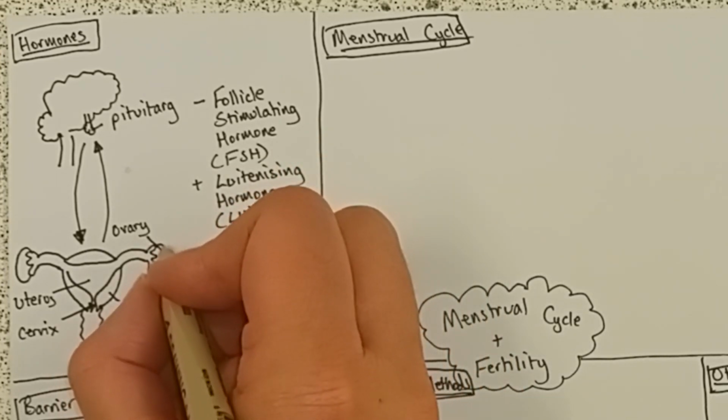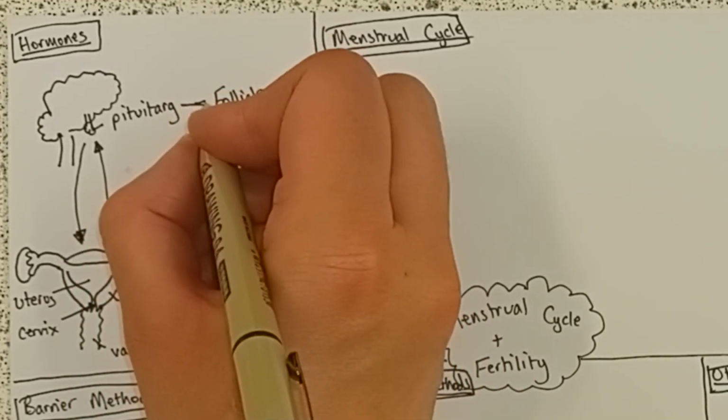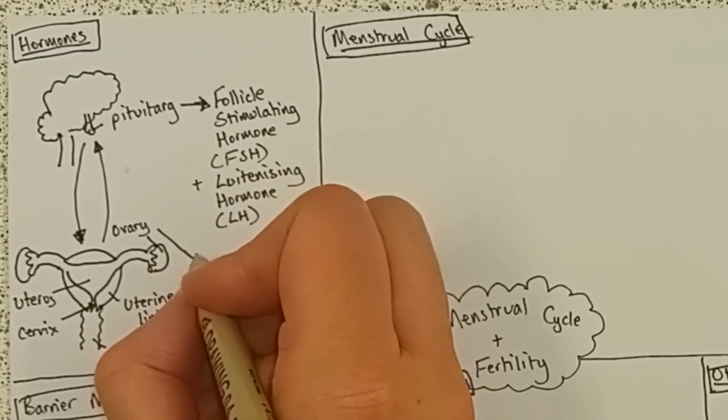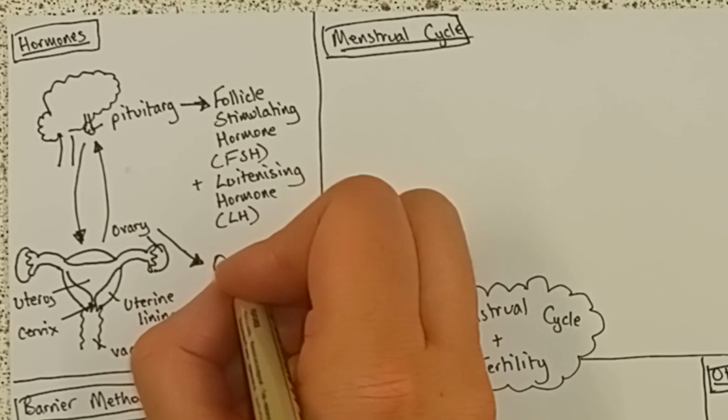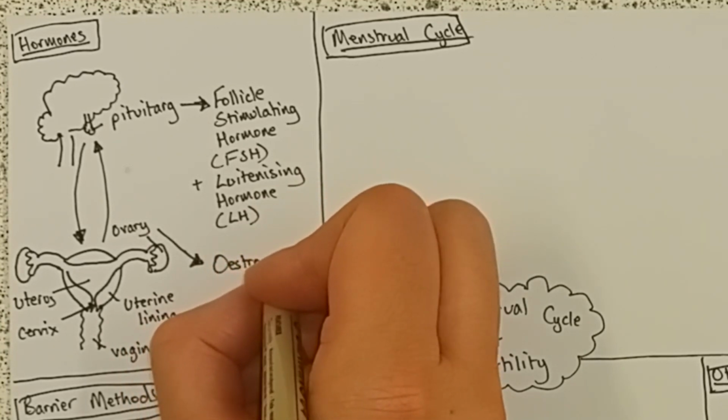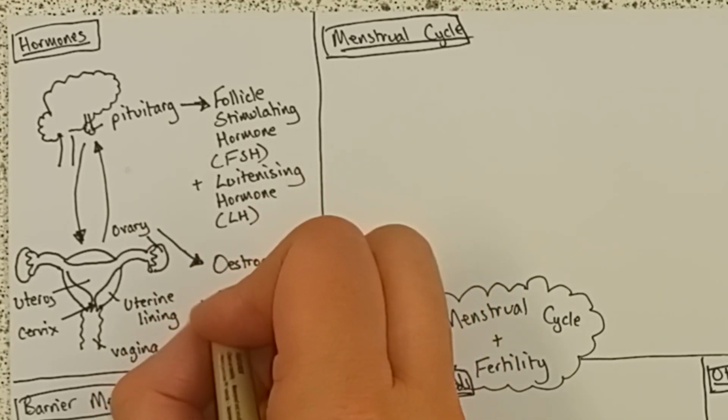And the ovary secretes two types of hormone, estrogen and progesterone.